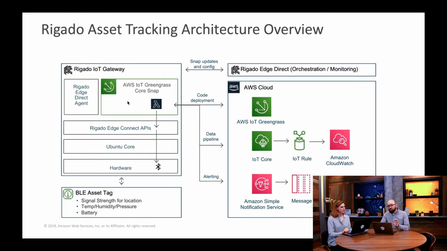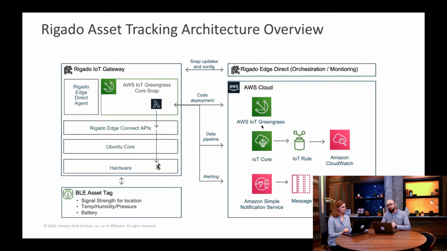So if we drill in a little bit to the Lambda function that we have running in this particular example, there are actually three different things communicating back to the AWS cloud. Initially, we have the connection back to AWS IoT Greengrass for us to actually deploy the Lambda functions to the edge.